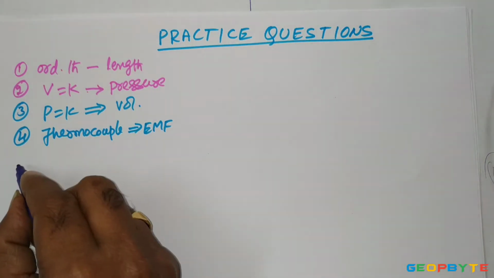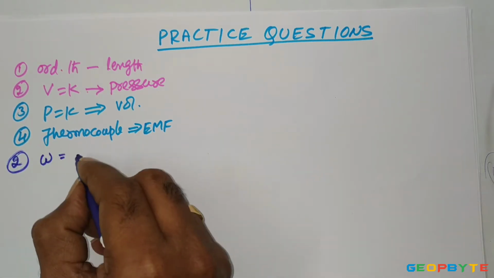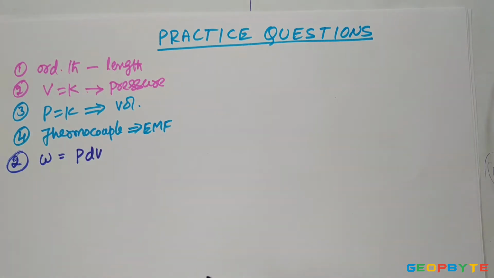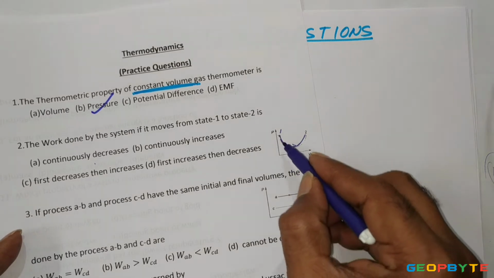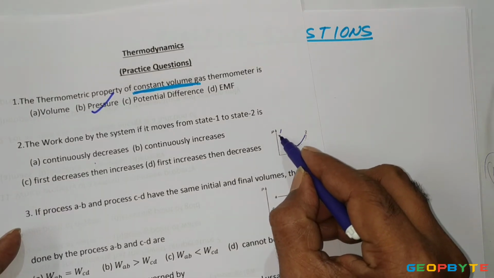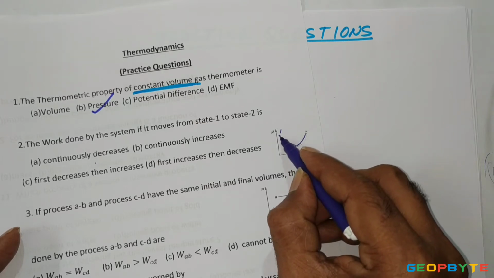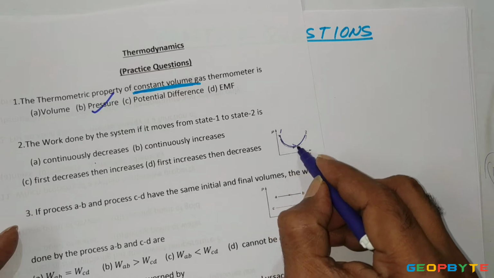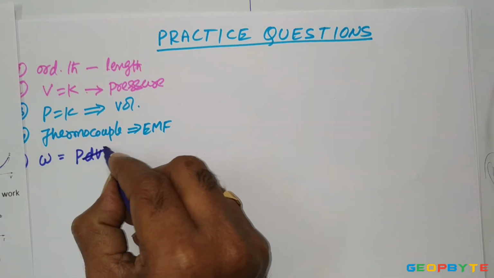As we know, the thermodynamic work for a closed system is PdV, pressure multiplied by change in volume. Look at the volume for the given curve or volume for the given process. Volume keeps on increasing. Since volume keeps on increasing, dV keeps on increasing.